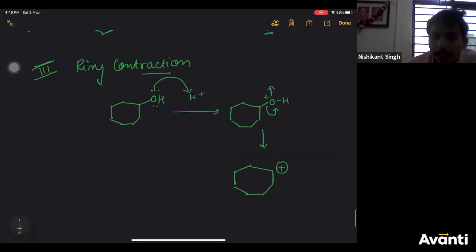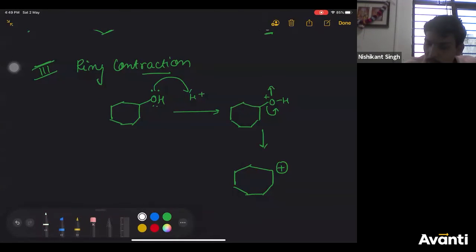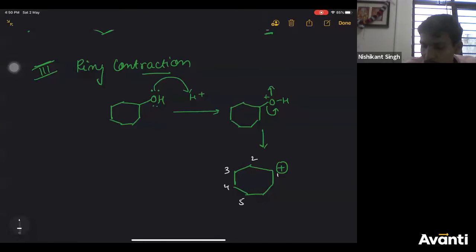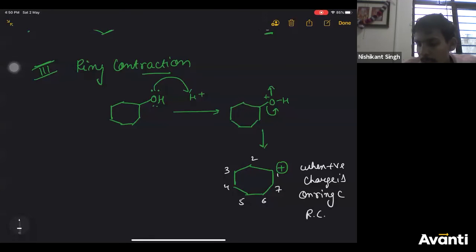Positive charge here. Again, see the numbering carefully, very carefully. 1, 2, 3, 4, 5, 6, 7. When the positive charge is on a ring carbon, ring contraction will take place.